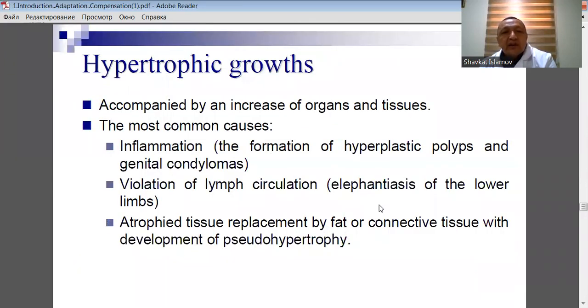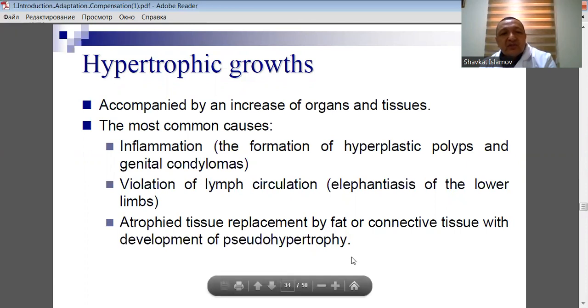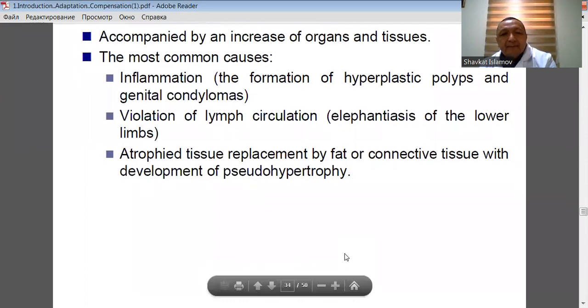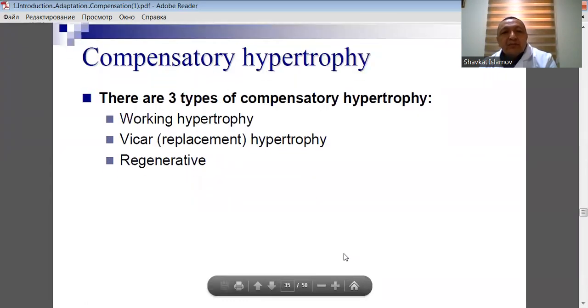Hypertrophic growth is accompanied by an increase of organs and tissues. The most common causes: inflammation, violation of lymph circulation, atrophied tissue replacement by fat or connective tissue with development of pseudohypertrophy. Compensatory hypertrophy.